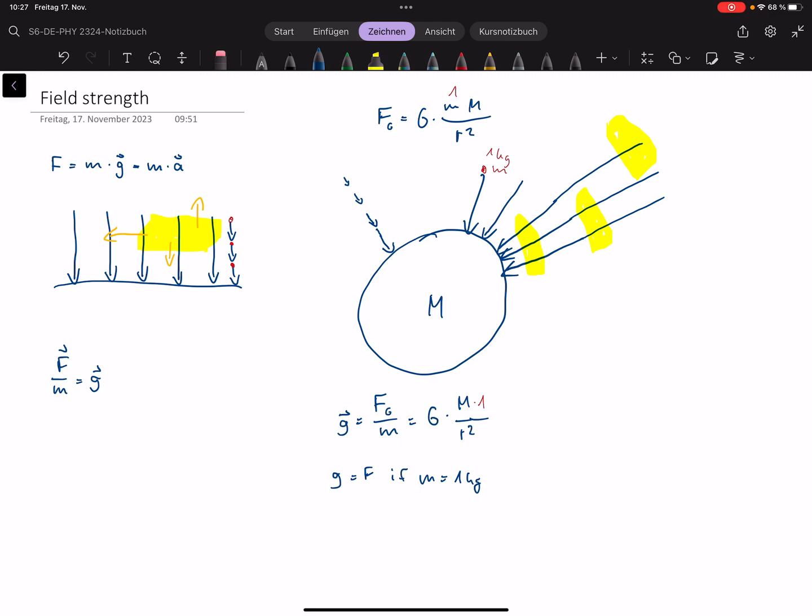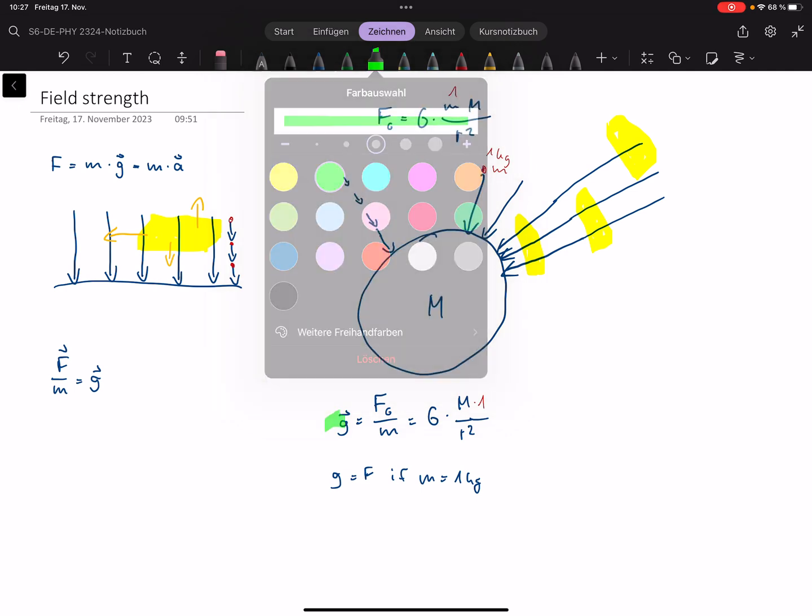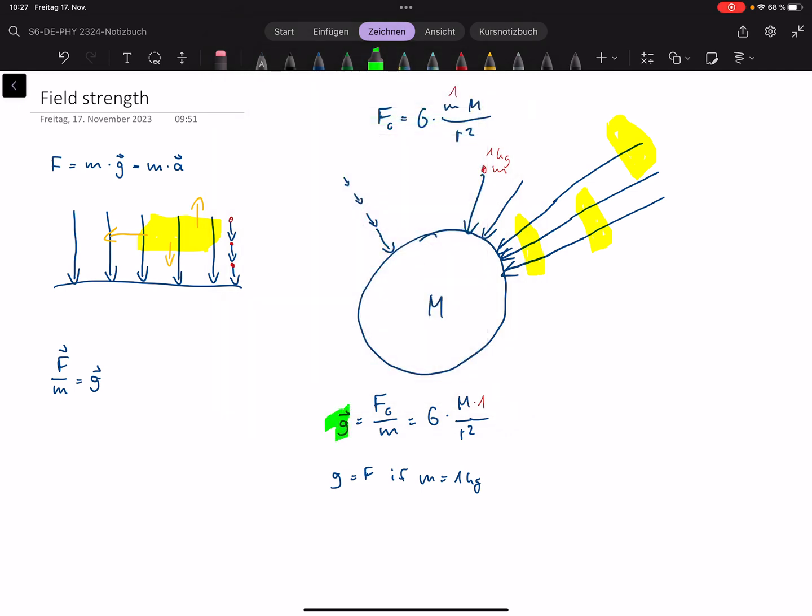So the field strength, the G, tells us how large the force is that acts on a mass of 1 kilogram at that position in the field that we are looking at.